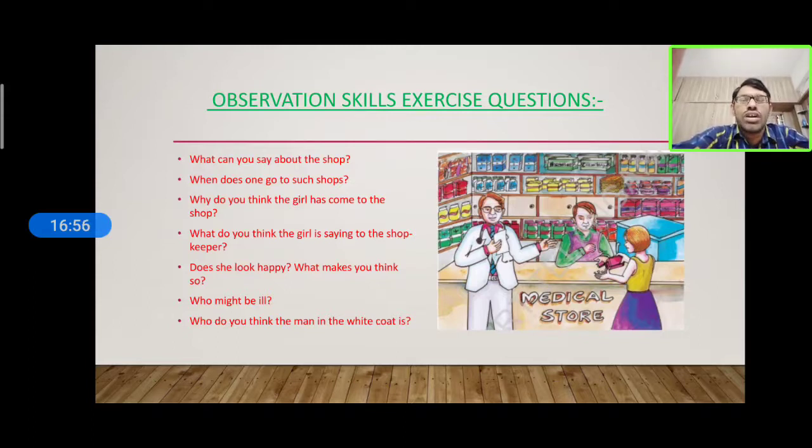Whatever medicines the little girl needs, on that prescription he will be writing those medicines, and that writing will be understood only by the shopkeepers. We can't understand what they write. That is just the style of doctors.